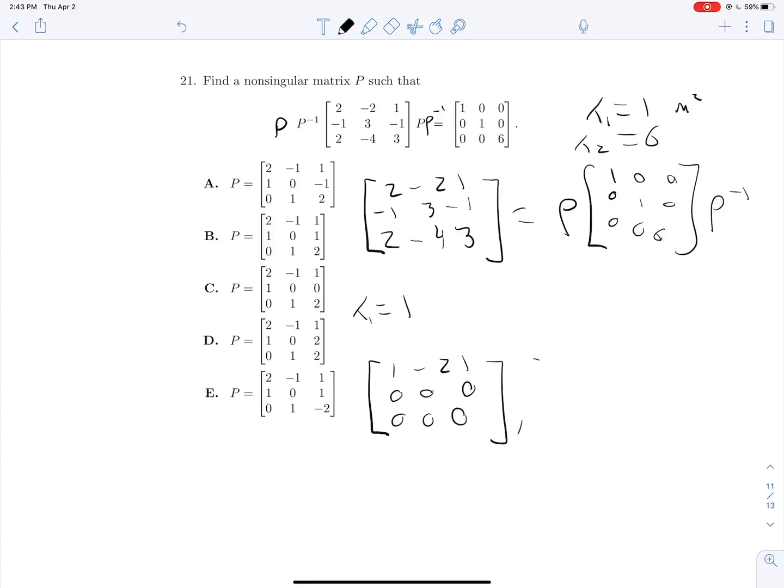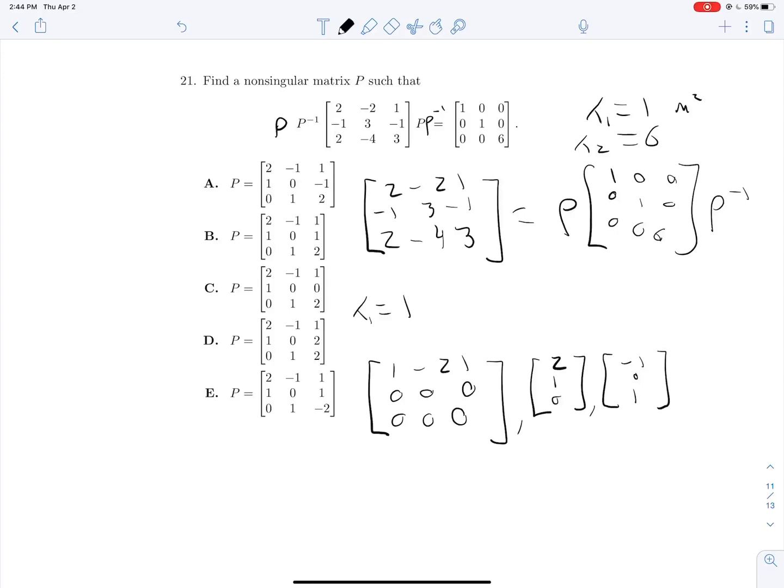So we see that our associated eigenvectors, well, we're going to have 2 of them because we have two independent free variables. We'll see that our vector in terms of x2 is 2, 1, 0, and our vector in terms of x3 is negative 1, 0, 1.